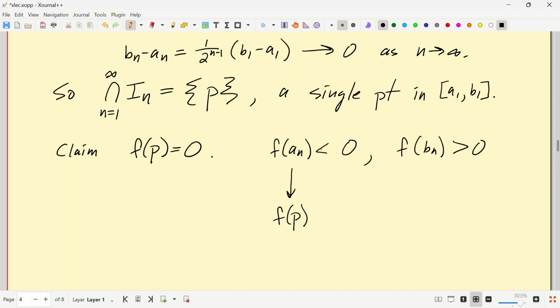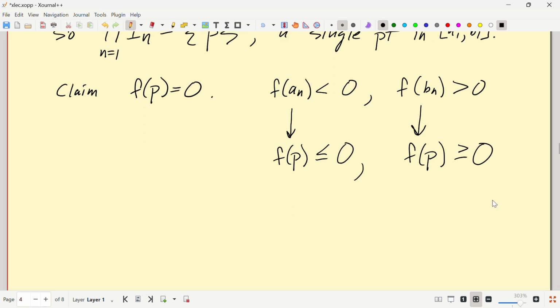And so if all the things are less than 0 and they tend to something, the limit has to be less than or equal to 0. And these are tending also to f of p. And so f of p would also have to be greater than or equal to 0. Well, the only way both of those things are true is if f of p is equal to 0.